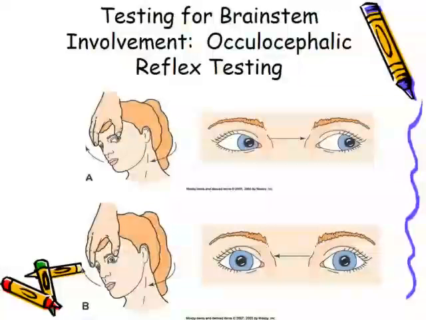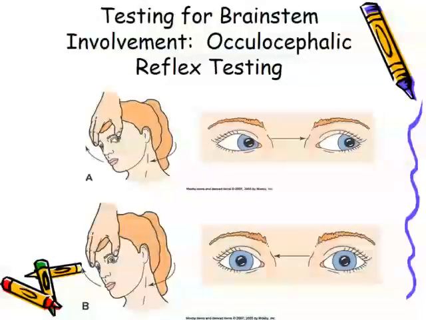We talked about on the charting that was a couple slides back that one type of test we might do on our patients is where we check for what's called doll's eyes. This is also known as the oculocephalic reflex testing. What this does is it looks to see if that patient is responding correctly to stimuli, and it looks at neurological impairment.